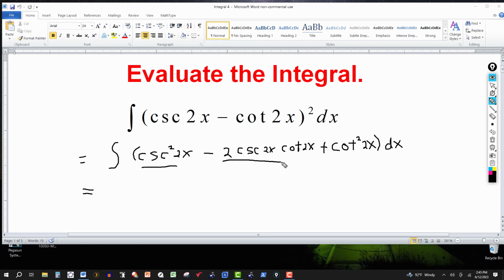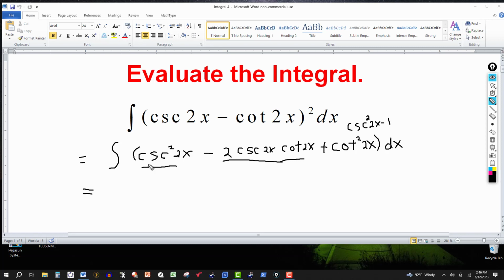This one we can integrate. And this one here we can write as cosecant squared of 2x minus 1, using the identity that we just went over at the beginning of the video. In other words, 1 plus cotangent squared of an angle is equal to cosecant squared of the angle. So solving for cotangent squared, this is what we get here.